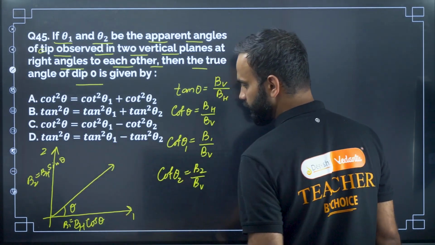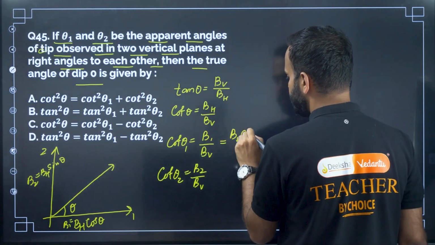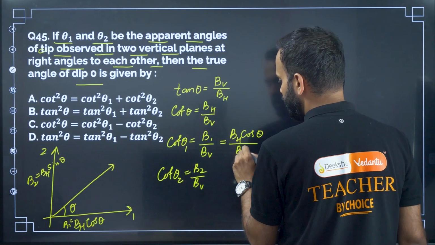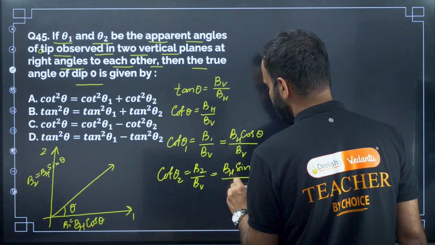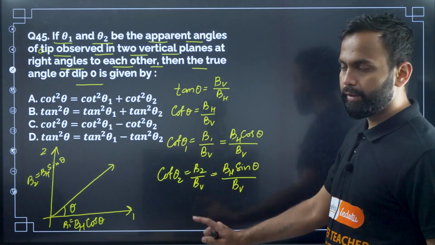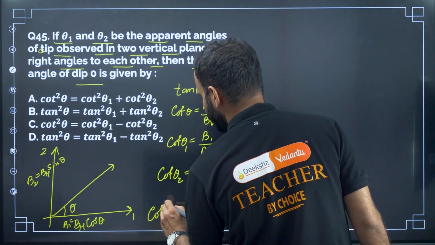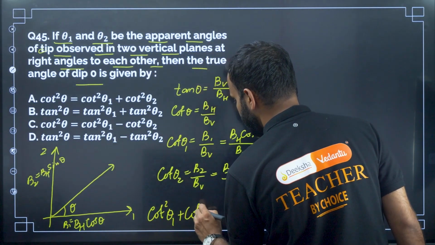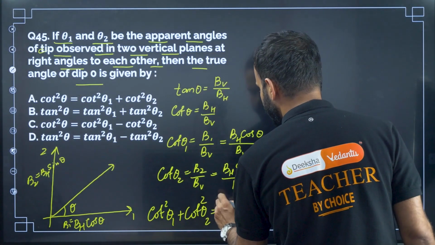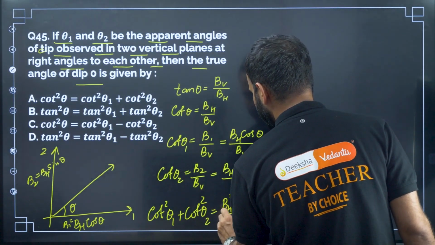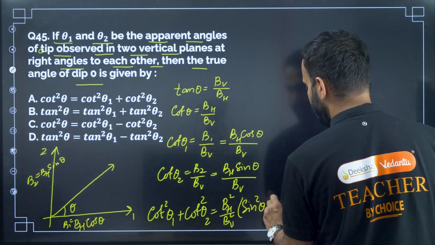So what is B1? BH cos theta. What is B2? BH sin theta. So now cot theta 1 is BH cos theta divided by BV, and cot theta 2 is BH sin theta divided by BV, right? So now square cot theta 1 and cot theta 2, then add. Cot square theta 1 plus cot square theta 2 is equal to BH square divided by BV squared into sin square theta plus cos square theta.